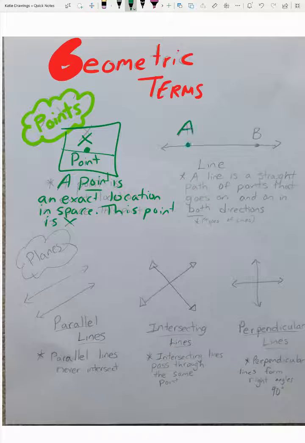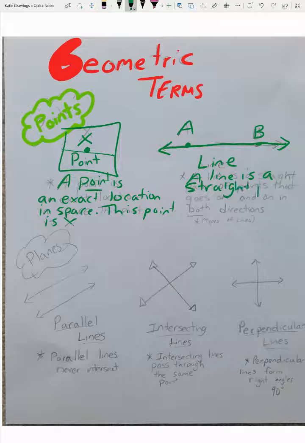Then we have on this one the straight line, and there are 2 points. We have A and we have B, and we call this a line. A line is a straight path of points that go in both directions.